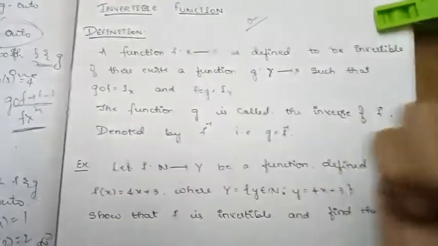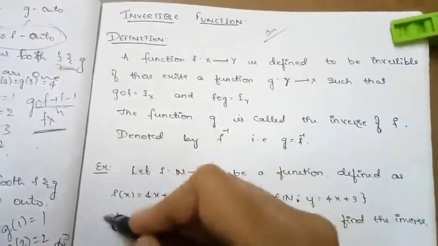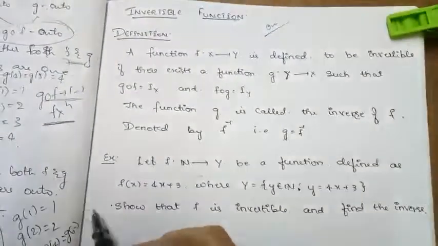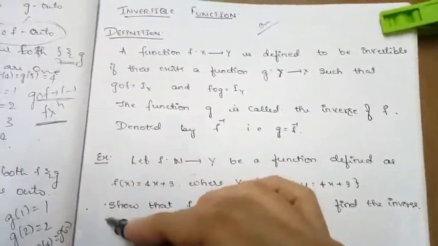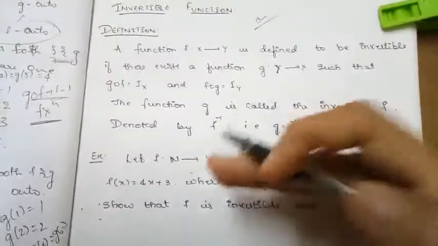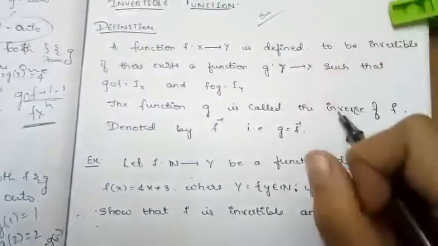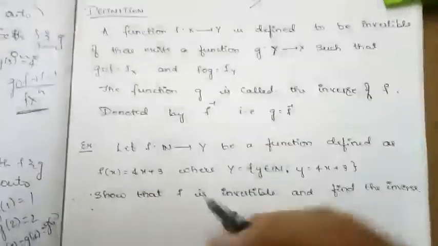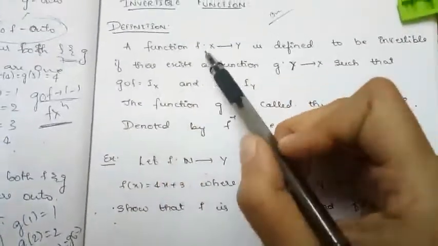To understand this definition, as usual, I'll go with solving one of the examples. While solving the example, I will parallelly explain each and every statement regarding the invertible function. So what is the definition saying?